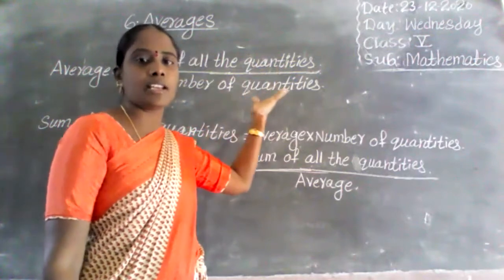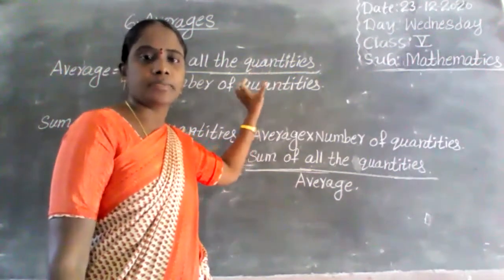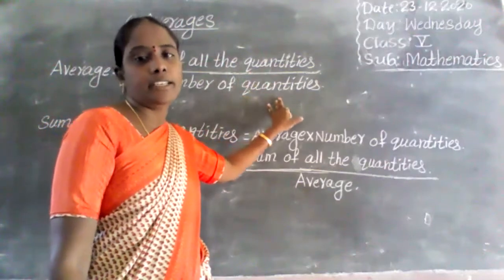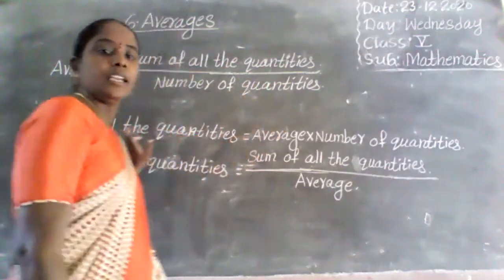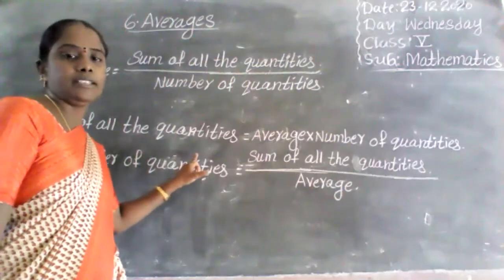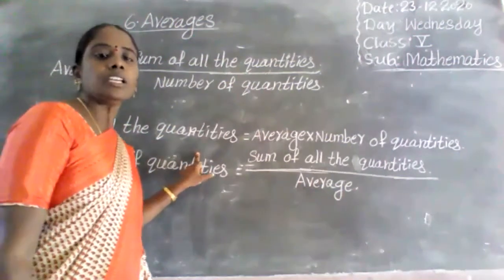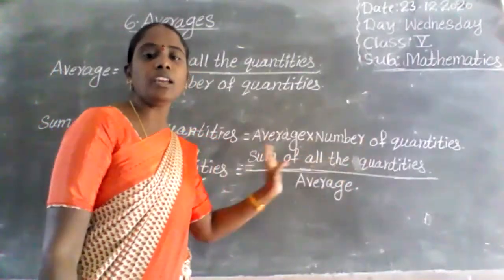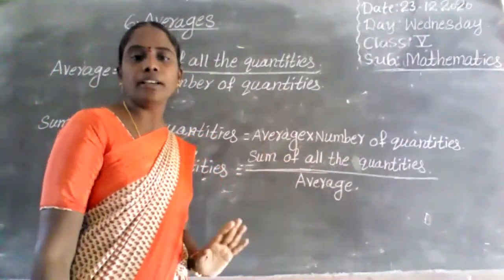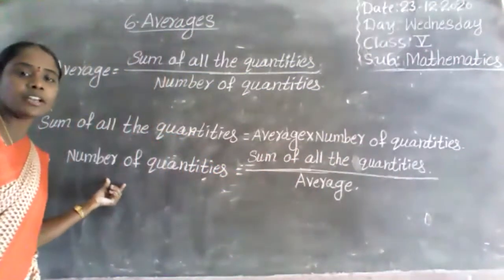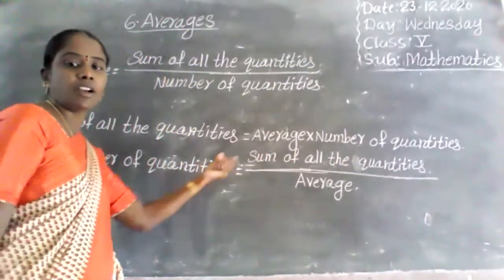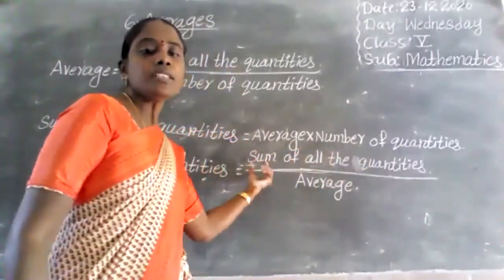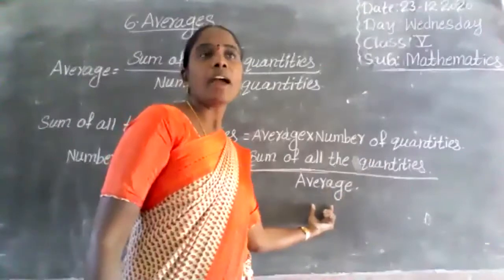Sum of all the quantities equals average into number of quantities. And number of quantities equals sum of all the quantities by average.